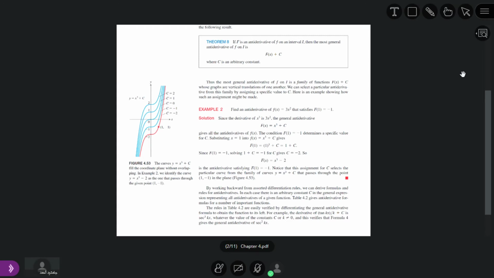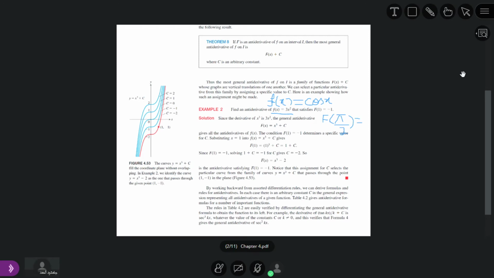In place of this, if I give you f of x equal to cosine x, which you have already solved, and change this to f of pi by 2 is equal to 2.